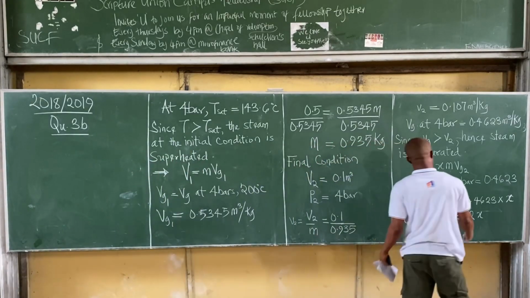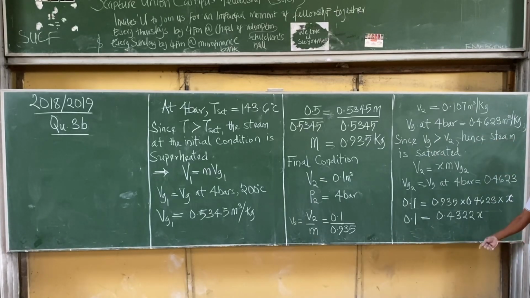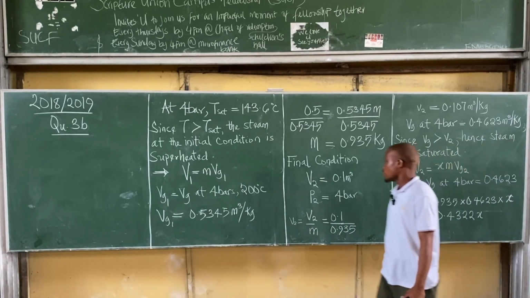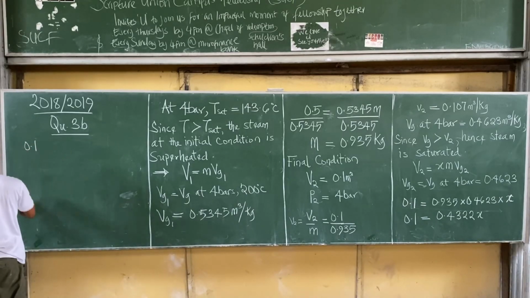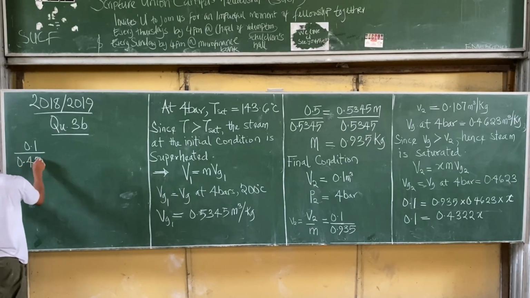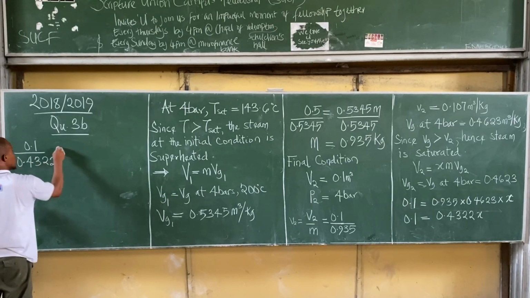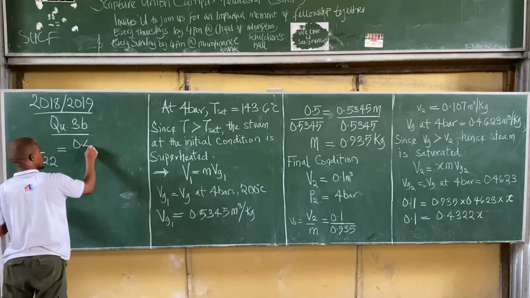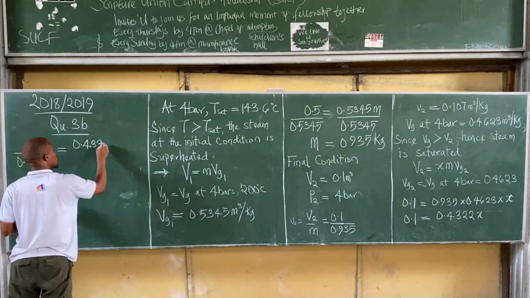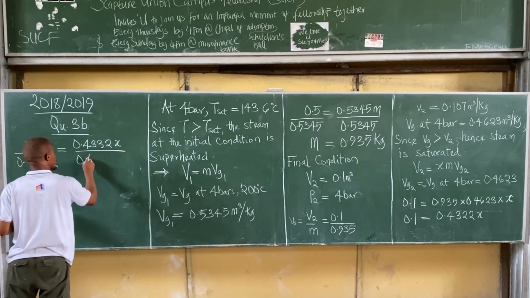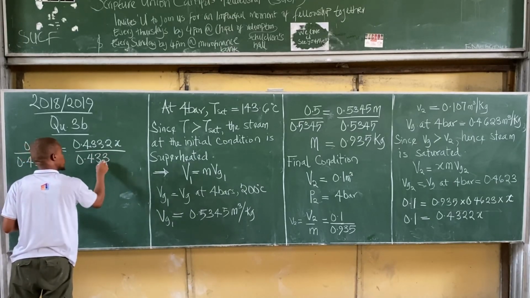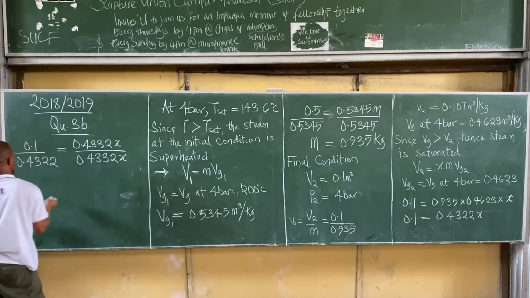So how do we get the value of x? We divide both sides by the coefficient of x. Therefore, we have that 0.1 divided by 0.4322 equals 0.4322x, all divided by 0.4322.